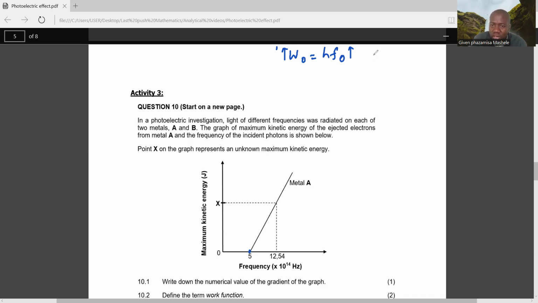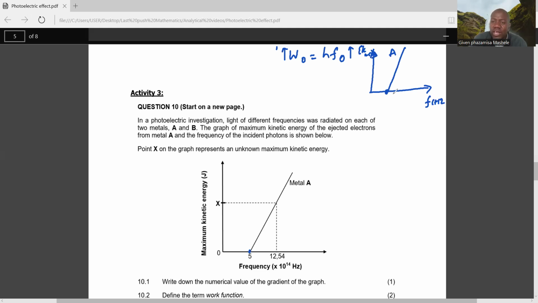So when we draw the graph, we're going to say, okay, fine. Here is our graph. This one is the EK max, and this one is the frequency in hertz. Already we have for A, let's just label this as A, because they said we mustn't show values. The cutoff frequency of A is this one.